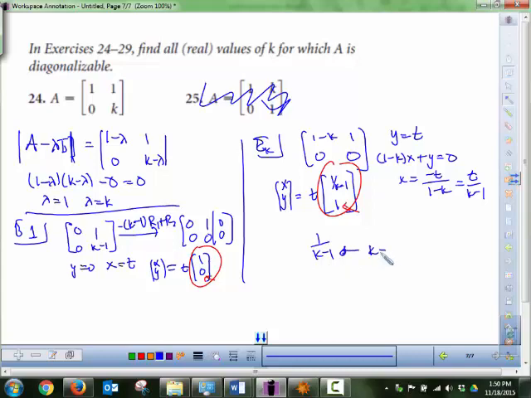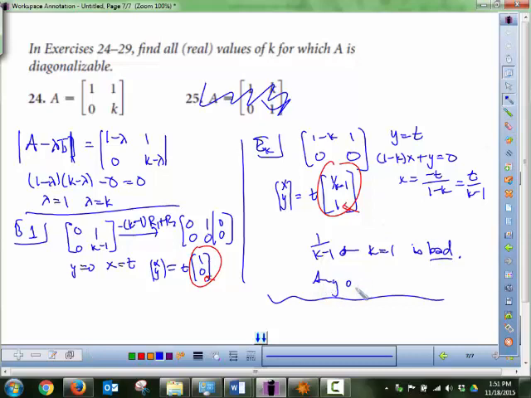If K is equal to positive 1, then that's not good for our vector. But K can be anything else, right? So K equal to 1 is bad. Any other K is okay.